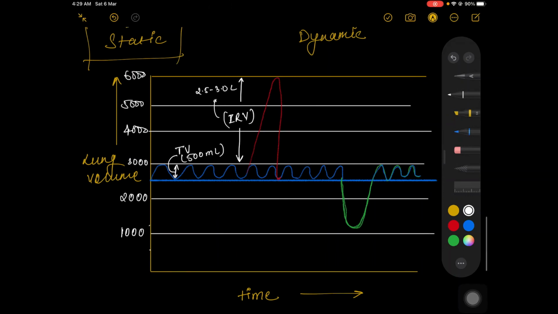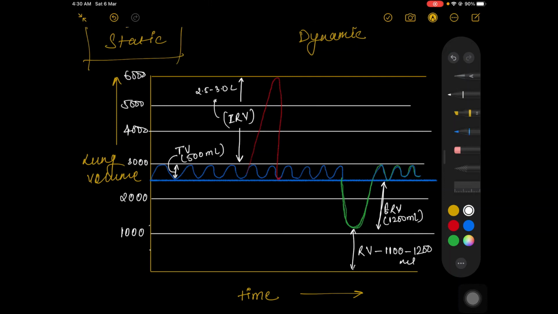Now if I expire other than the tidal volume, that is the expiratory reserve volume, and its value is around 1200 milliliters, and the air which is left after the maximal expiration is the residual volume, around 1100 to 1200 milliliters.